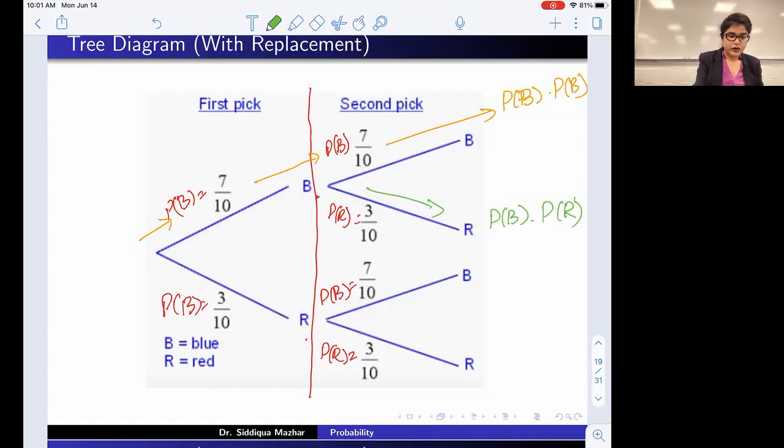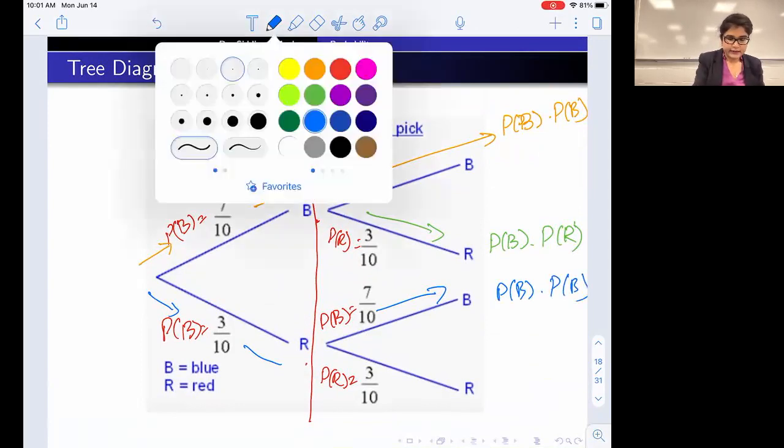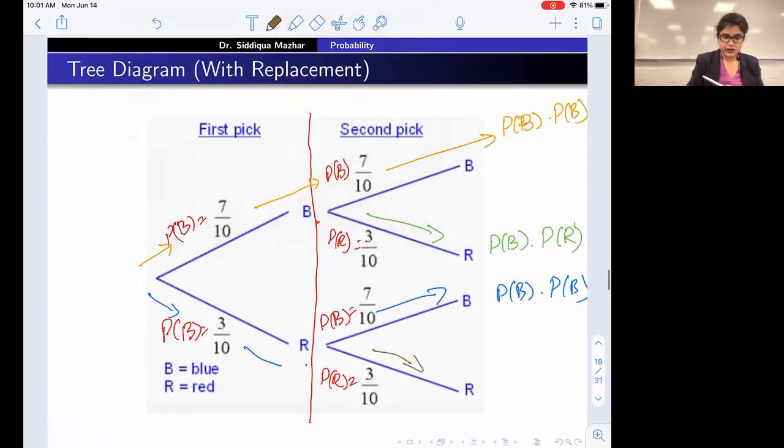And if we go through this first branch from the first experiment, what will it give you? Probability of B and probability of B. If you look at the second one, it is coming from blue and then red.